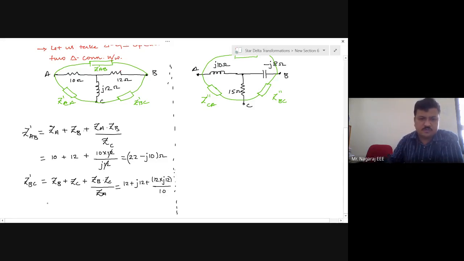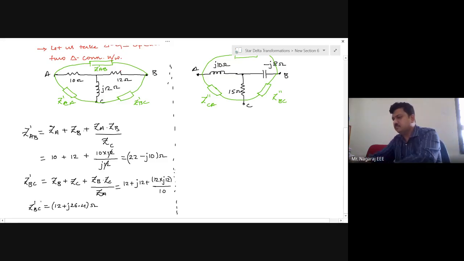So this will be equals to 12 into 12, it is 144 divided by 10, 14.4. So 14.4J plus 12J, okay, it is 26.4J. So 12 plus J26.4. Is it right? Yes, sir.